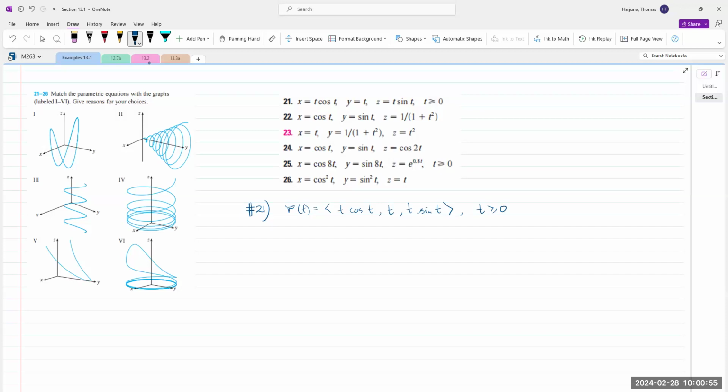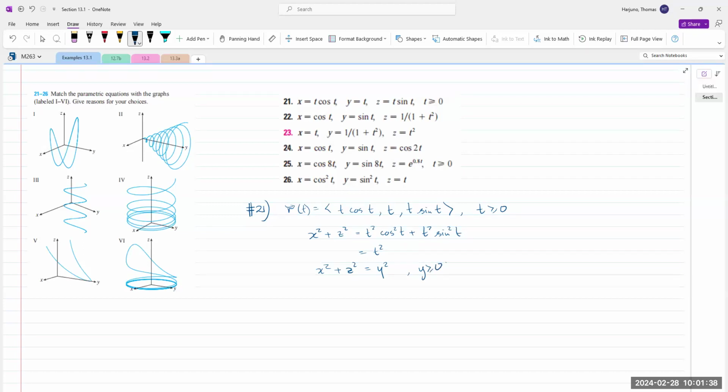Now notice that the x component squared plus the z component squared will give us t squared cosine squared t plus t squared sine squared t, which is t squared, which is y squared. Because t is positive, y will also be positive.